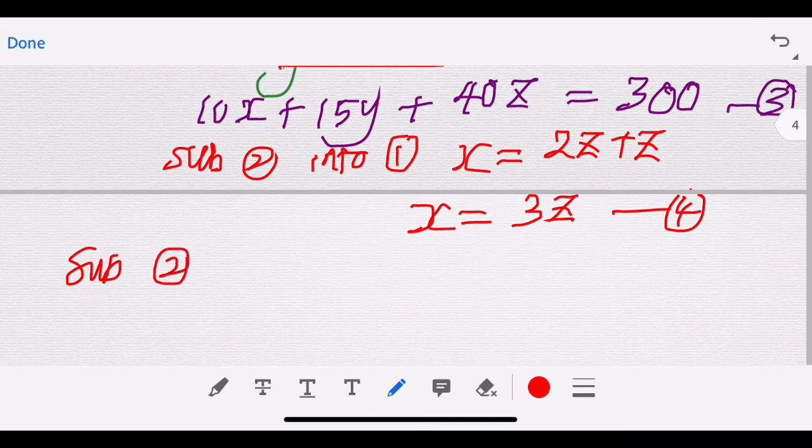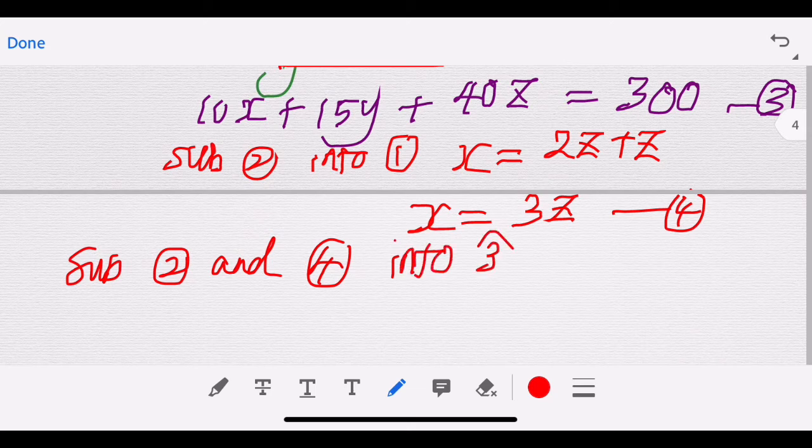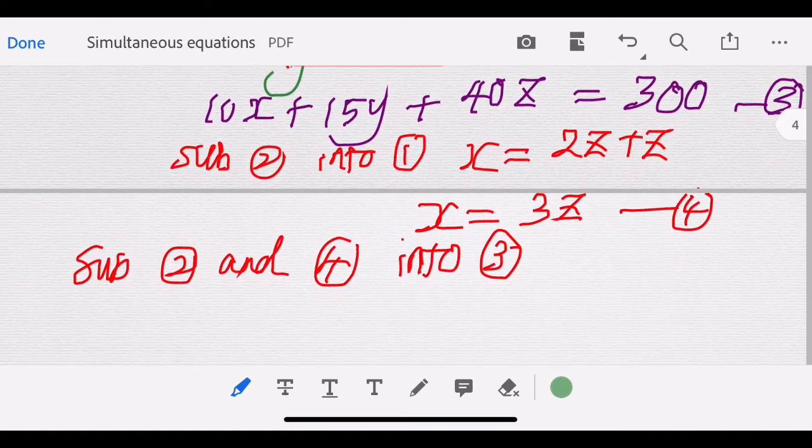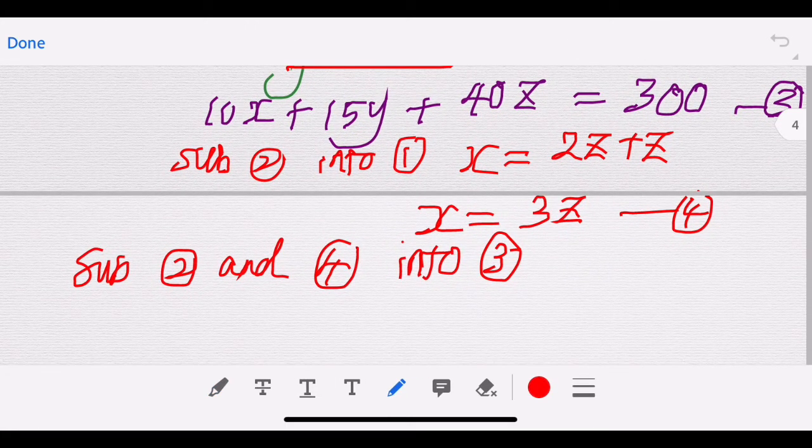Substitute 2 and 4 into 3, so that we can reduce to one unknown. So 10x, when you see x, we will substitute with 3z, right?